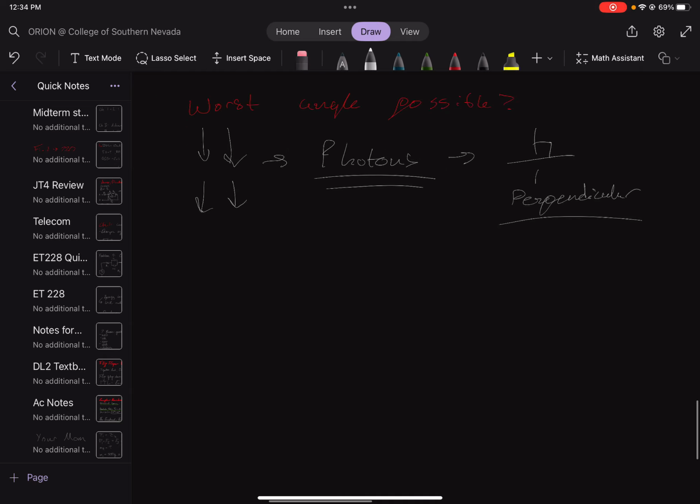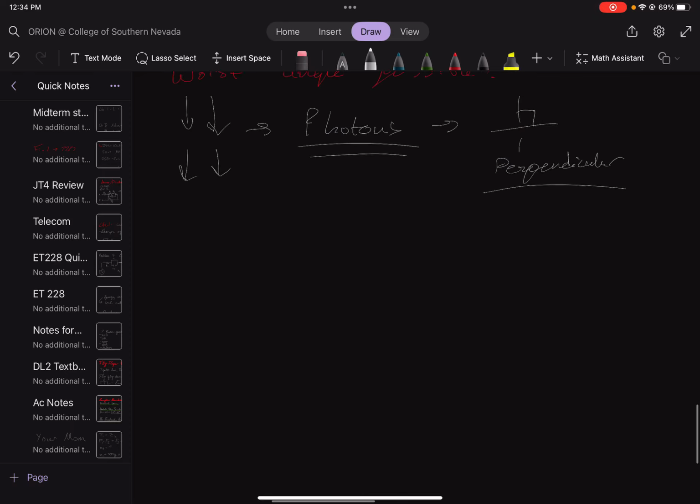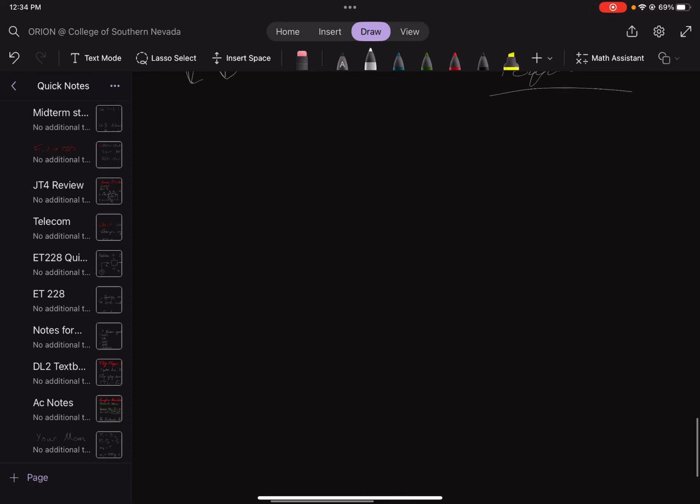So how do we not generate energy? Well, we simply do the opposite. We don't want to be perpendicular. Instead, we want to be parallel. So if we did a parallel solar panel with the sun's rays, if we just had a solar panel sitting on its side and we had the sun's rays coming down, in a perfect world, it wouldn't be touching the panel at all.